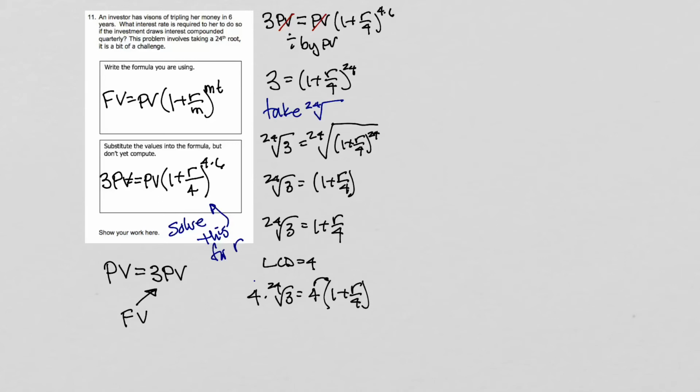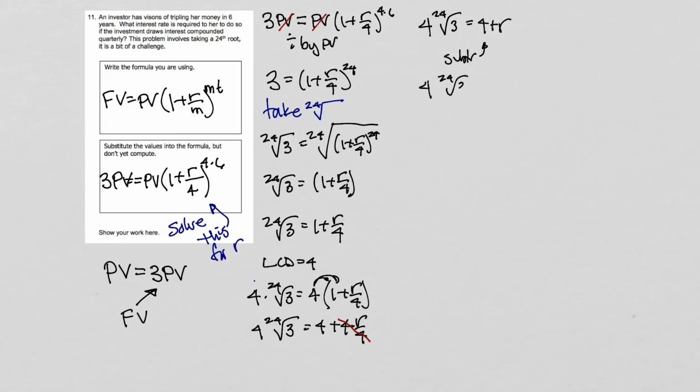But now the 4 is going to distribute, so we'll get 4 24th roots of 3 is equal to 4 plus 4 times r over 4. And those 4's over there will cancel. And let's go up to the top here. This is going to give us 4 24th roots of 3 is equal to 4 plus r. And now I'm going to subtract that 4 from each side, and I'll get 4 24th roots of 3 minus 4. There's our interest rate.